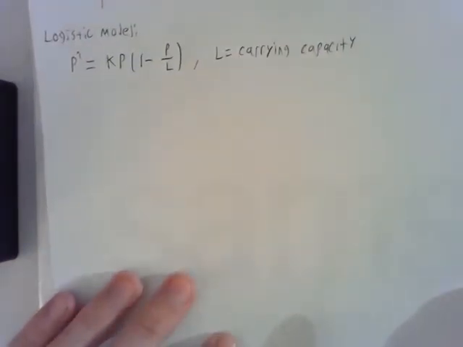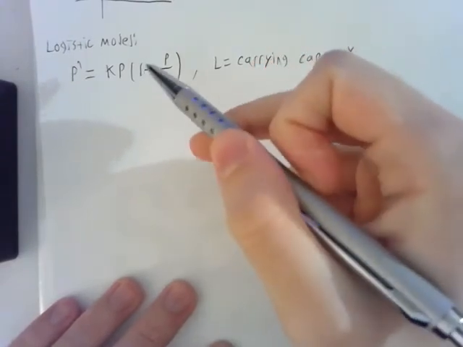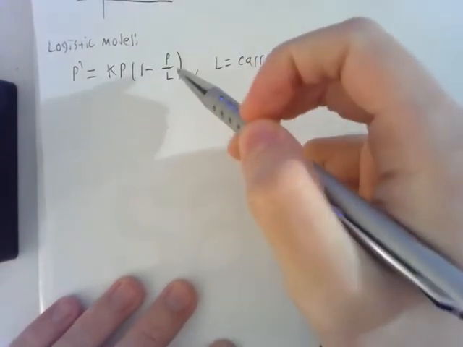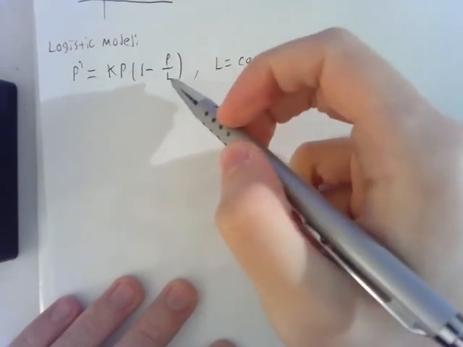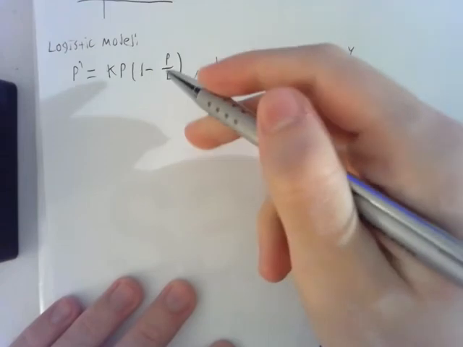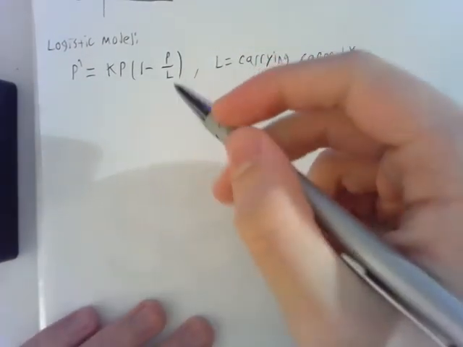If we try to solve this with separation of variables, it is a separable equation, but we run into some problems because we have to take the antiderivative of P times 1 minus P divided by L. While it's possible to find that antiderivative, it's not something that we've really covered how to do in this class.